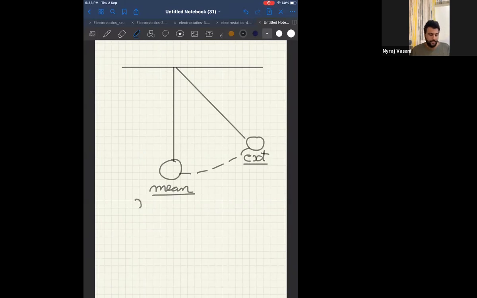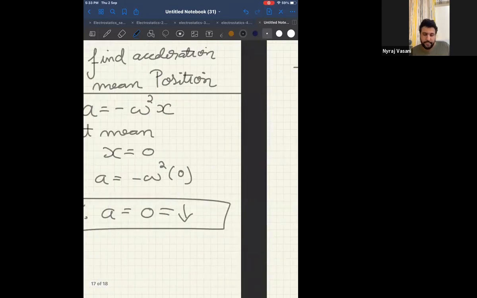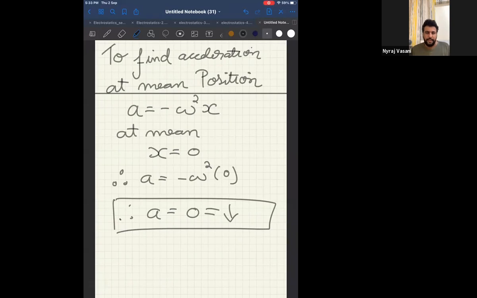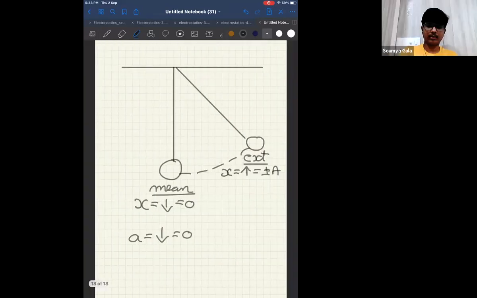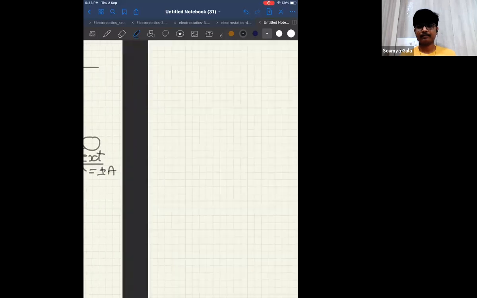Now I already know at mean position my displacement is minimum, which is 0. And at extreme position my displacement is maximum, which is plus or minus a. Now I also came to know at mean position my acceleration also is minimum, which is 0. Understood? Easy? Yes. Now my next derivation, try to do it.